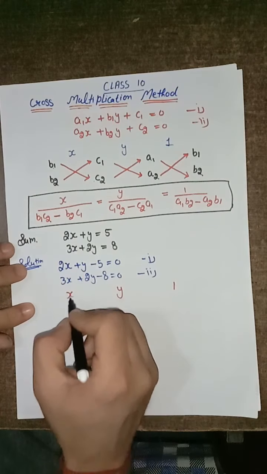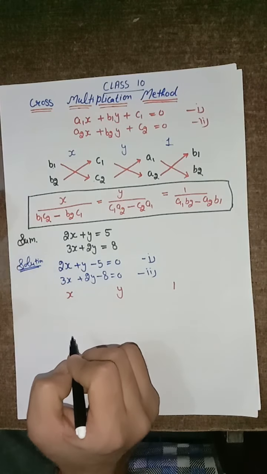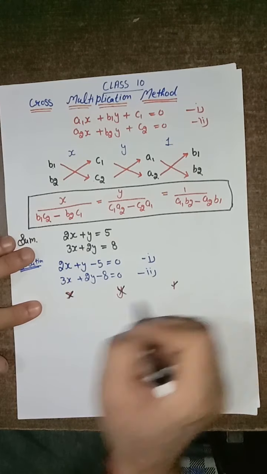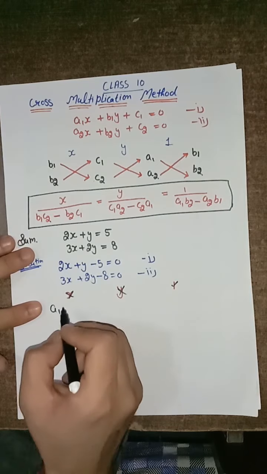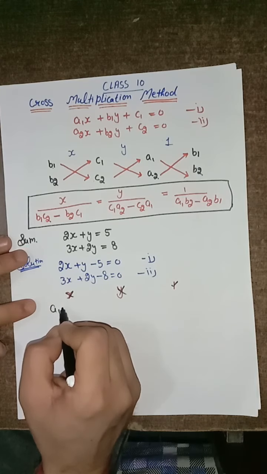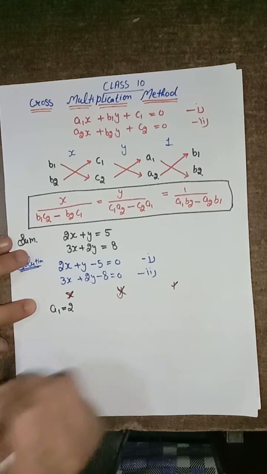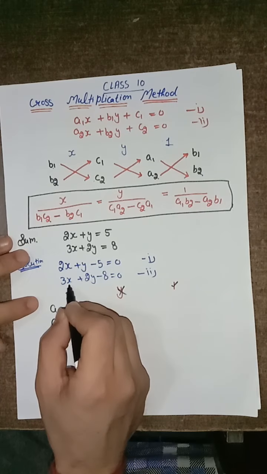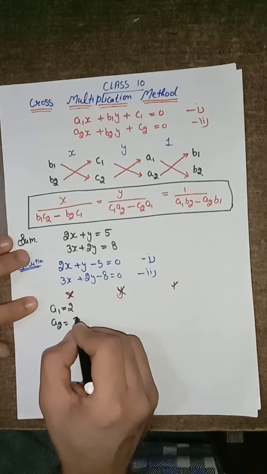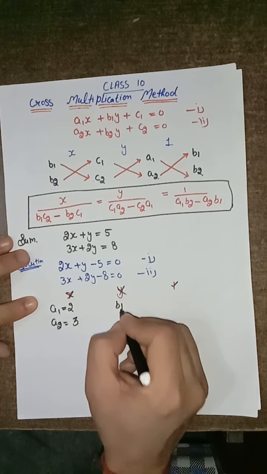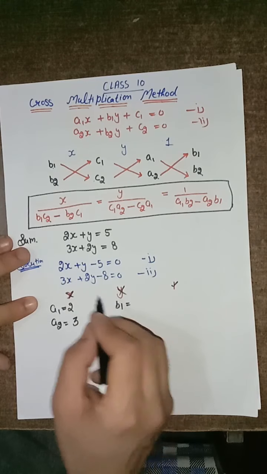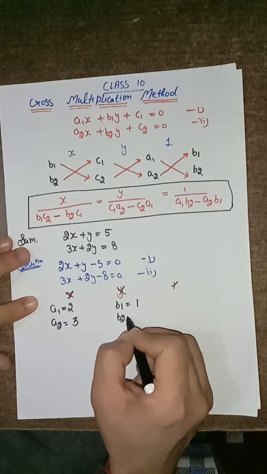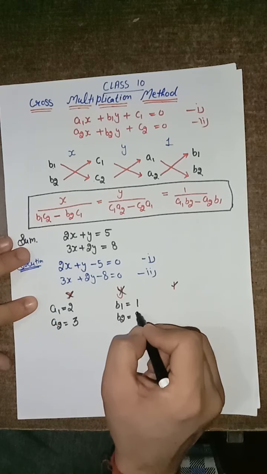Firstly, we will write the values of a1, a2, b1, b2, c1, c2. So a1 is the coefficient of x in the first equation, that is 2, and a2 is the coefficient of x in the second equation, that is 3. Here b1, the coefficient of y in the first equation, is 1, and in the second equation is 2.